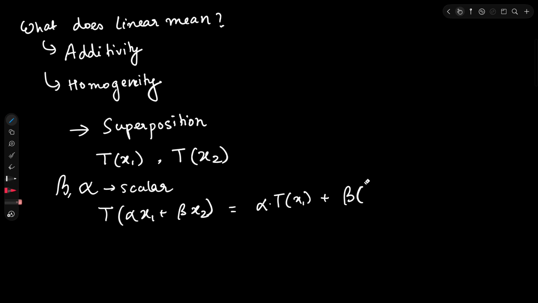This is the actual meaning of linearity in functions.